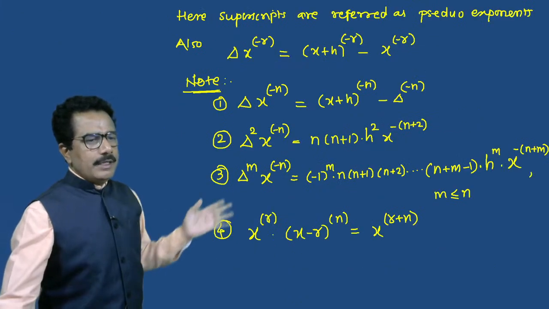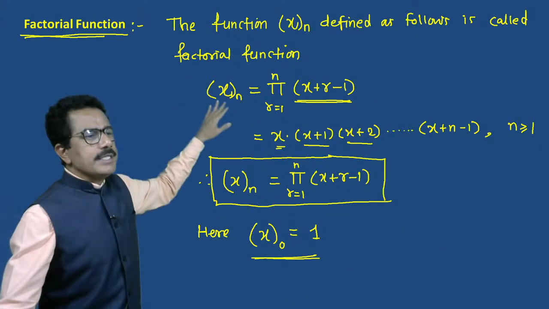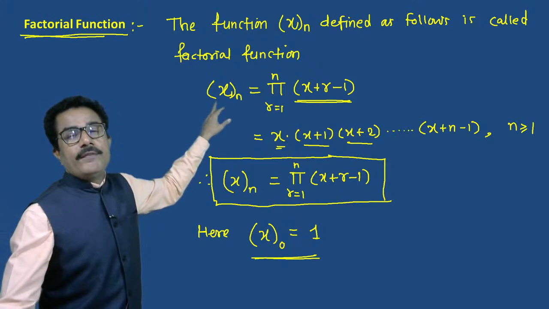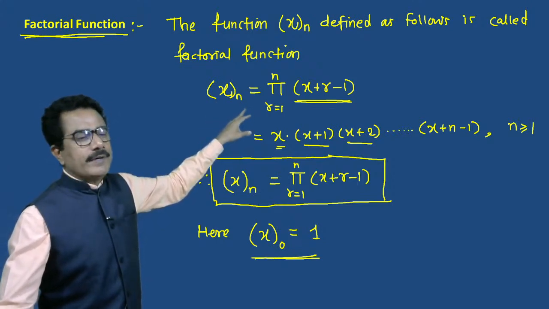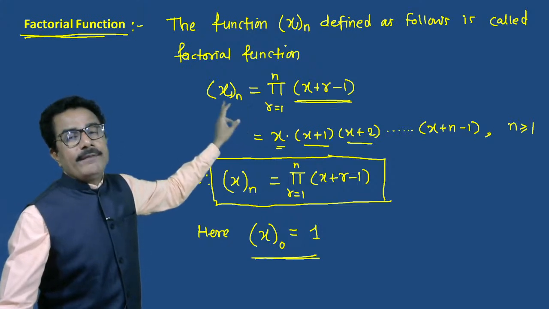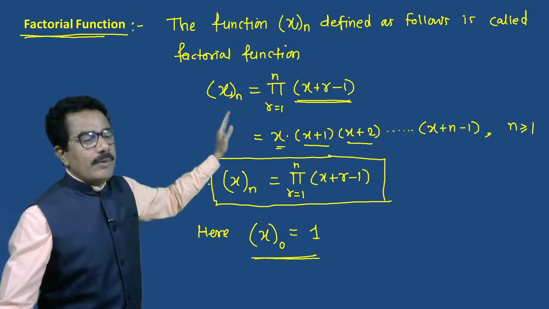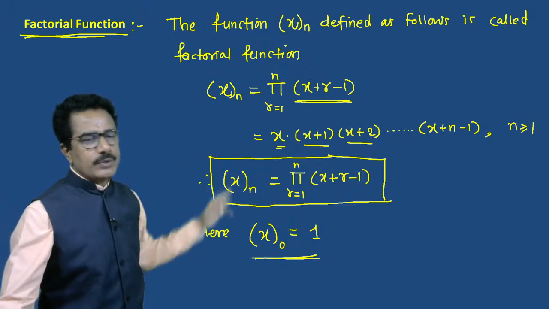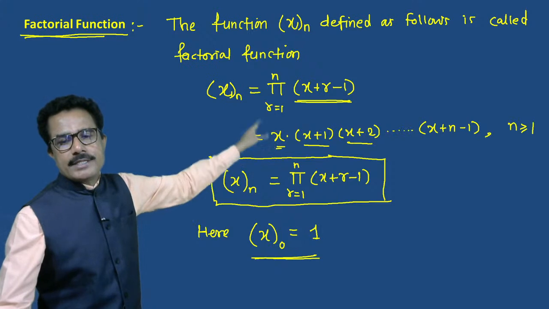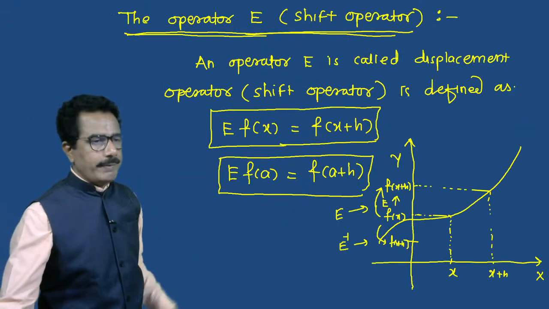Now this is the factorial function. The factorial function x raised to n is given by the product, pi from r equals 1 to n, of x plus r minus 1. So this can be defined as x plus 1, x plus 2, in this way.